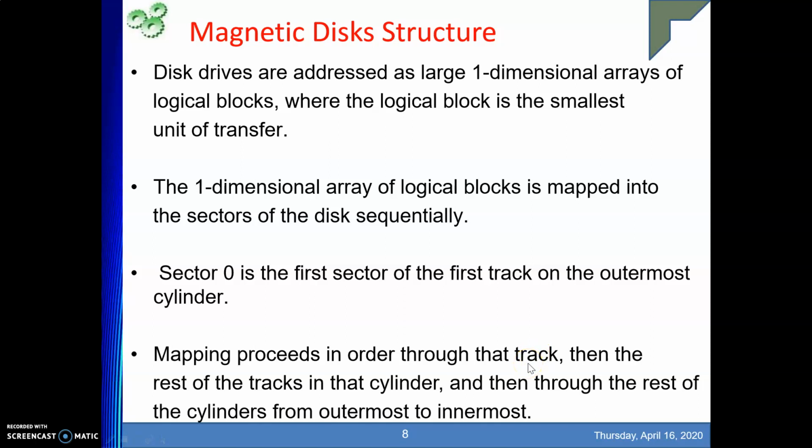That means first we complete all the sectors of the first track, the outermost track, then the rest of the tracks in that cylinder. All the tracks in that cylinder are completed first, and then we go through the rest of the cylinders from the outermost to the innermost. This is how we map our blocks into the disk sectors.